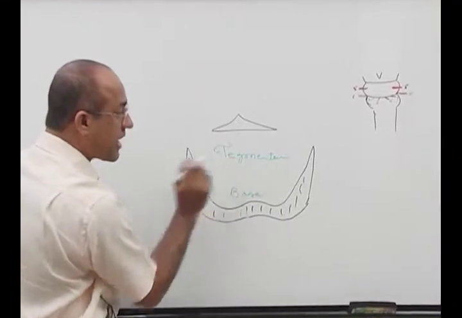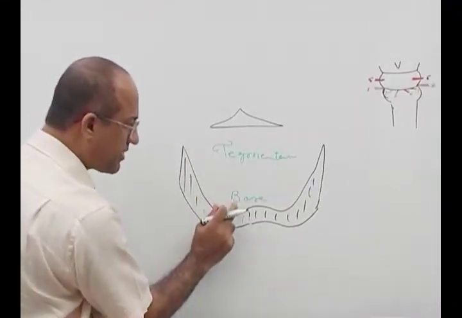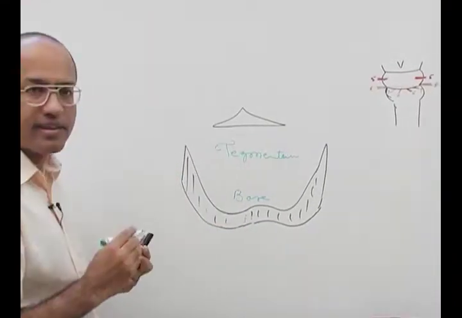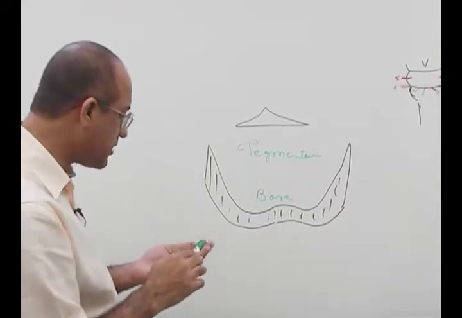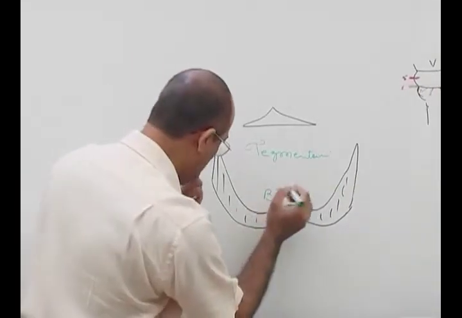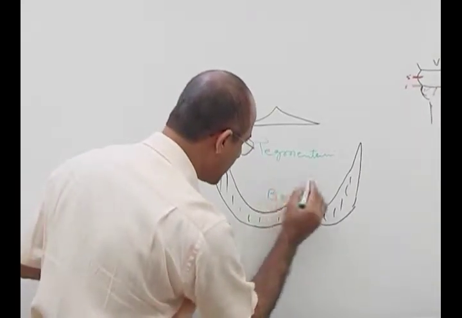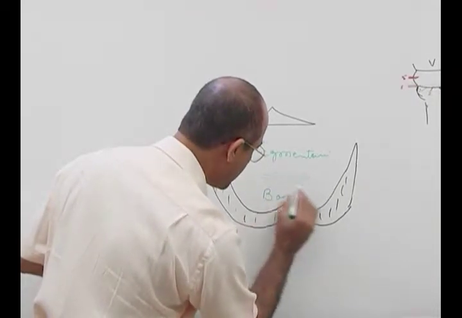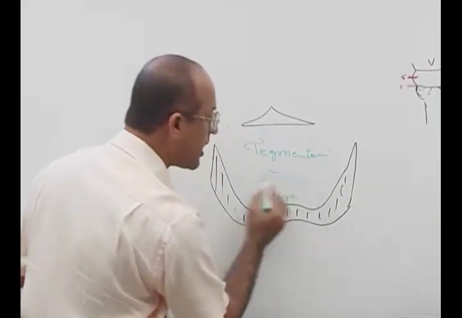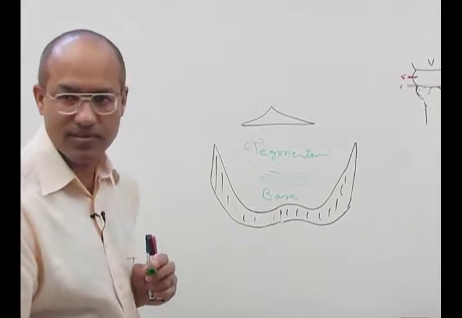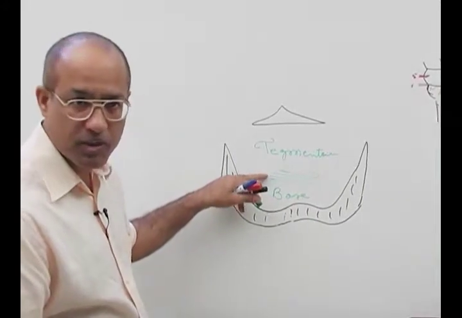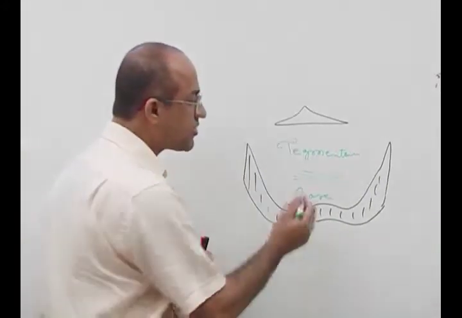Now, what is the demarcation between the base of the pons and the tegmentum? The demarcation is made by a special type of crisscross fibers here, and this structure is called the trapezoid body. What is the structure called? Trapezoid body. What is the trapezoid body?